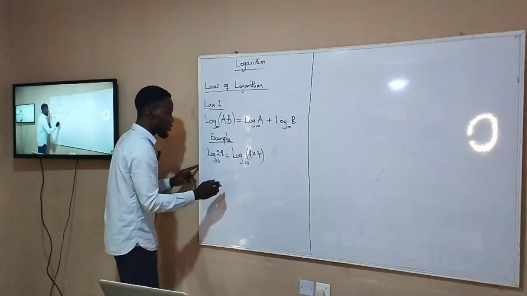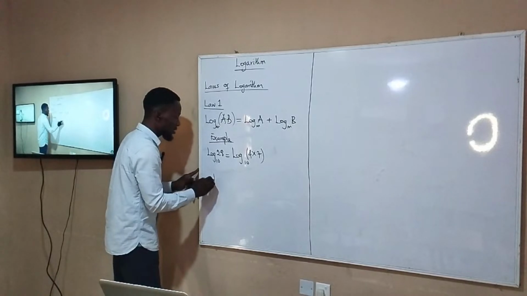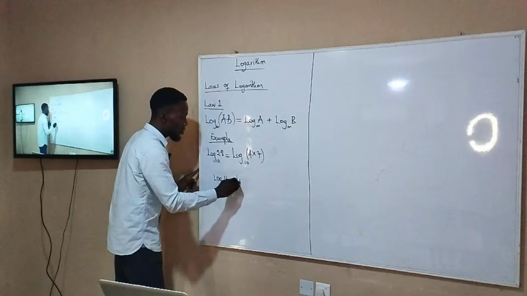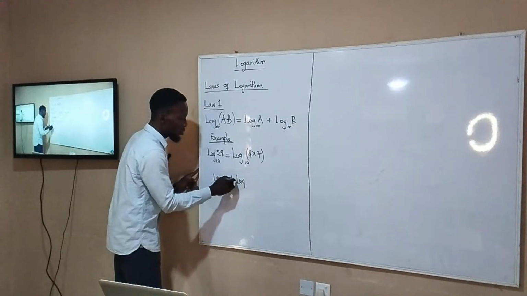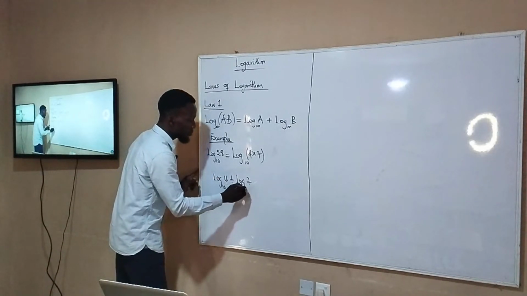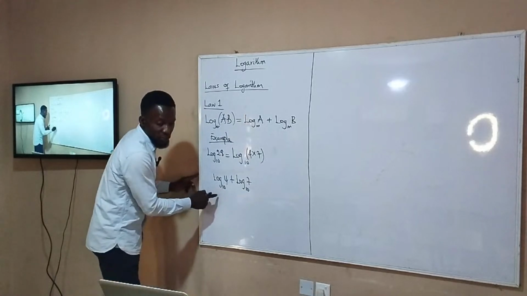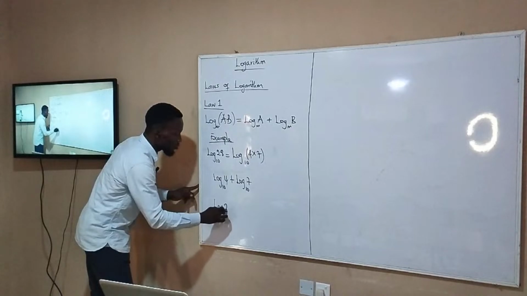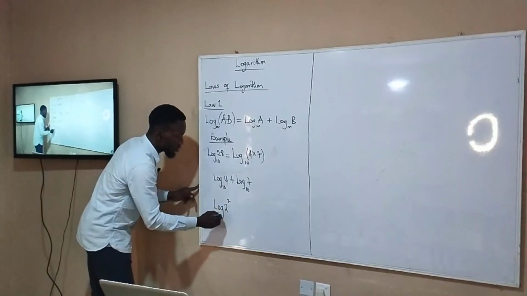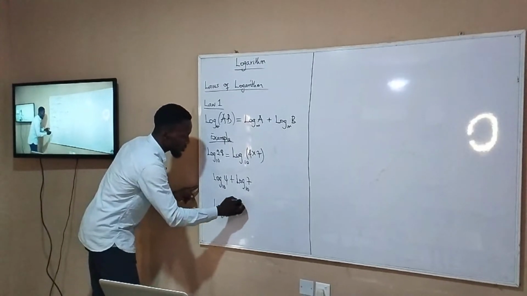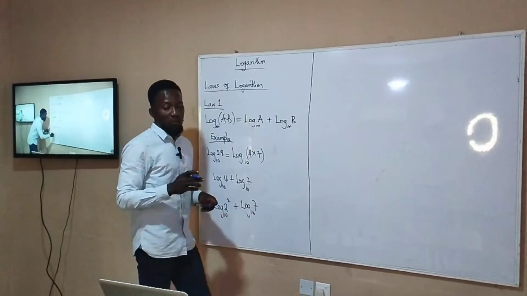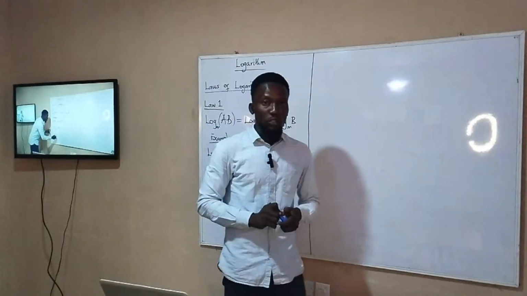So I can write it as log 4 base 10 plus log 7 base 10. This log 4 base 10, I can write it as log 2 raised to power 2 base 10, plus log 7 base 10.